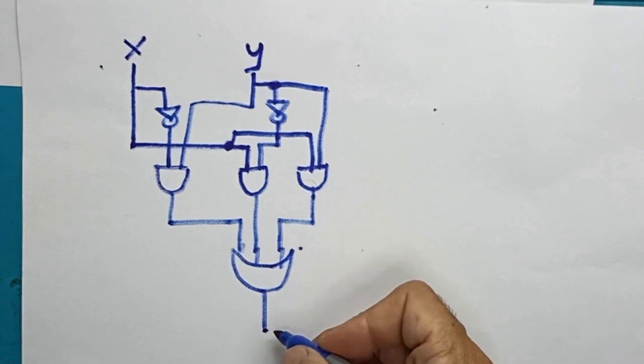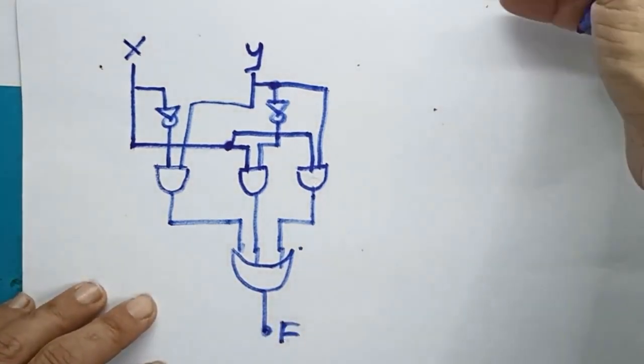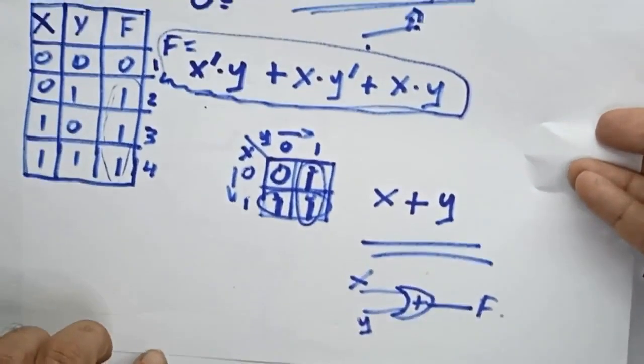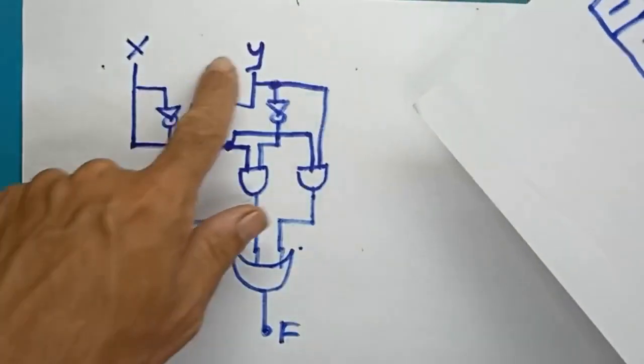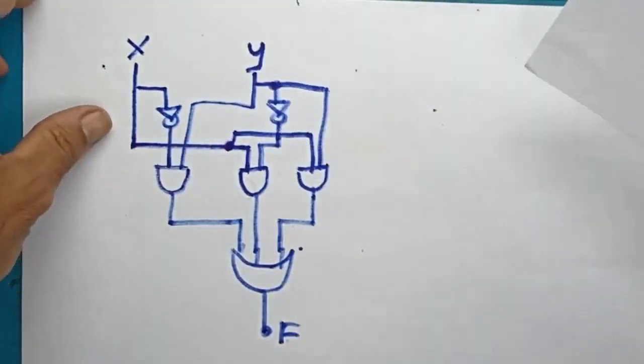Here is the output that my circuit will give me, which is none other than the truth table of an OR that we mentioned before. Depending on what x and p will give, the output F will give us the truth table OR.